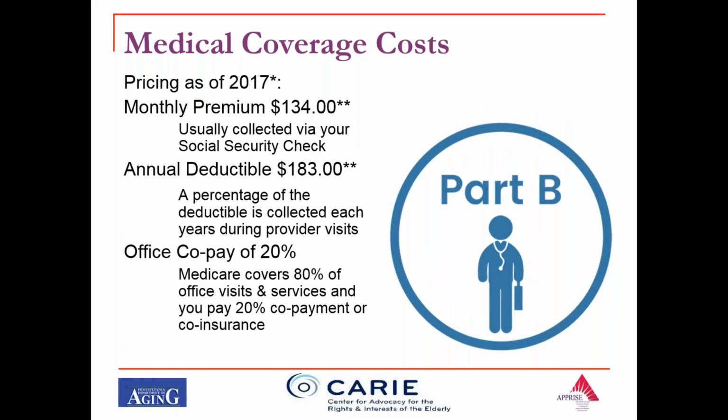Okay, so I don't have 2018 pricing yet. I'm sorry, they didn't come out with that, so I'm just going to share with you for 2017. And there are some caveats with this too. If you were new to Medicare in 2017, your monthly premium is $134. Now I do know that there are beneficiaries who were eligible for Medicare 5 years ago, 3 years ago, and they are not paying this premium.